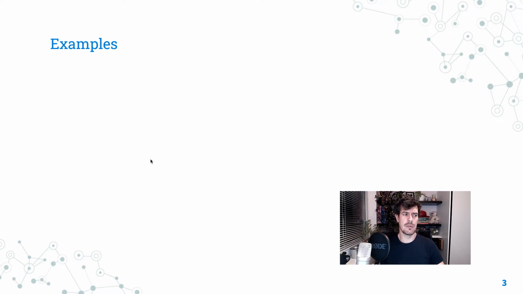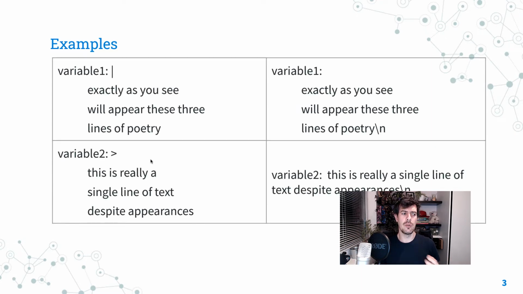Let's assume we have two multi-line variables, variable 1 and variable 2. These are both multi-line variables, but variable 1 uses the literal block scalar operator and variable 2 uses the folded block scalar operator.